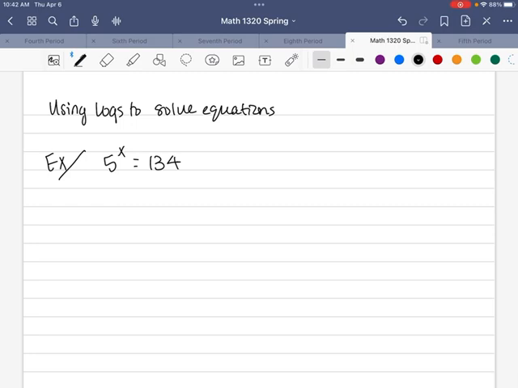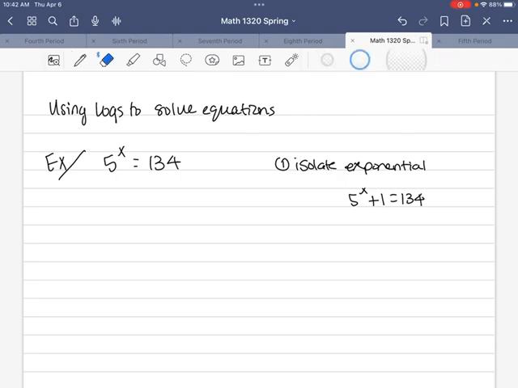So we're going to take a couple different steps and solve it and get an approximate answer using logs. The first step is to isolate the exponential expression, which in this case is already isolated. That's the 5 to the x. If we had 5 to the x plus 1 equals 134 or something like that, you would want to move the 1 over first.